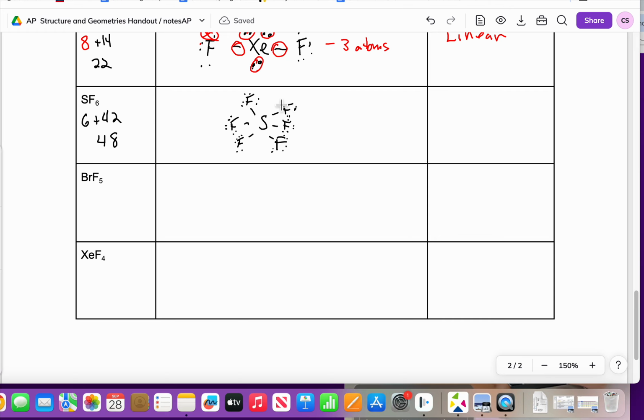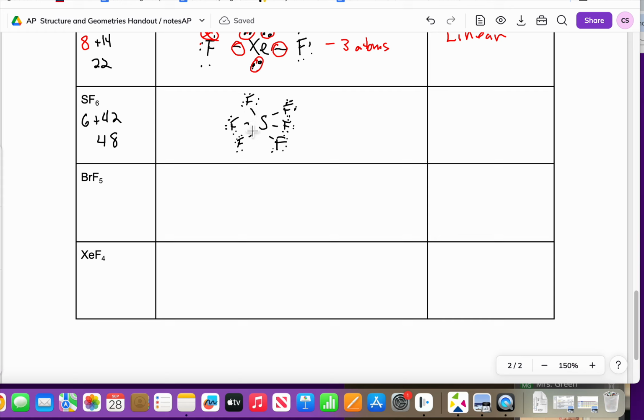My dots don't show up too good. But anyway, if everything has 6 on it, lone pairs, 6 times 6 is 36, 38, 40, 42, 44, 46, 48. Hey, that matches my number here, so don't add any lone pairs to the middle.